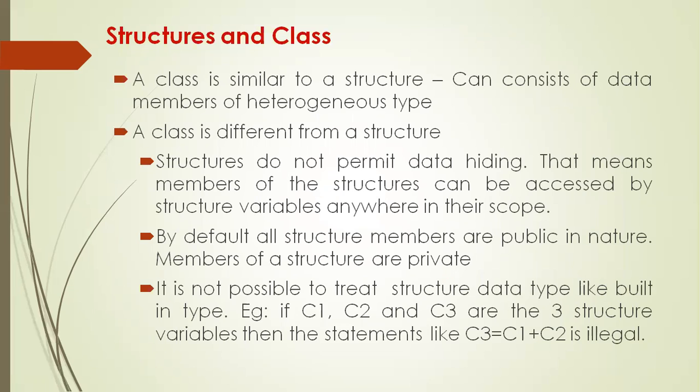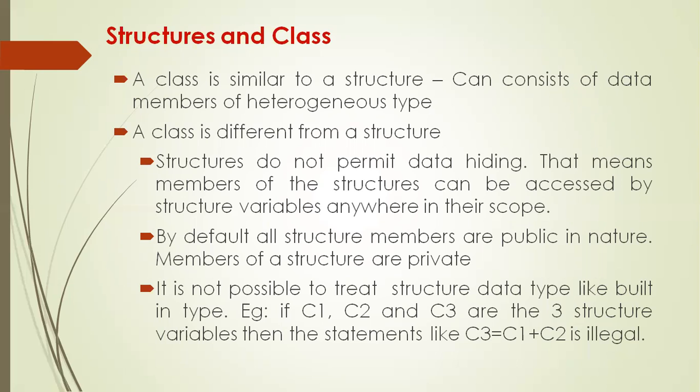Let us see what the differences and similarities are between a structure and a class. A class is similar to a structure in the sense that inside the structure, you declare certain data. The data declared inside a structure are considered structure members. All the members of a structure may be of different data types. That means a structure includes members which are of heterogeneous type.